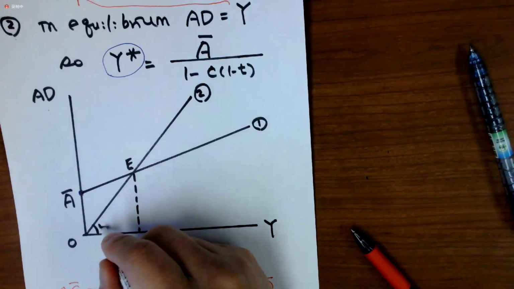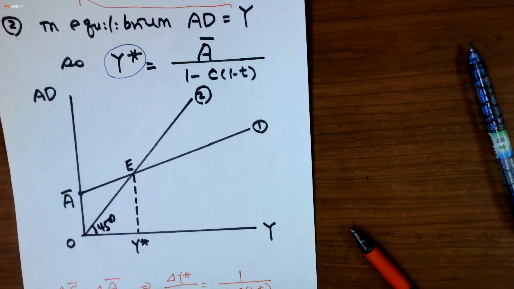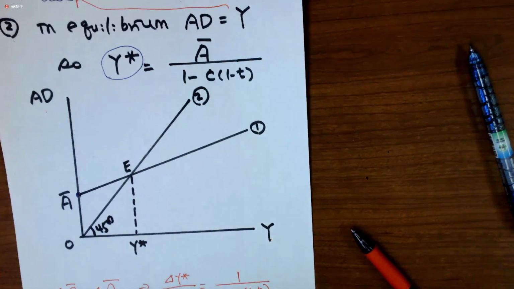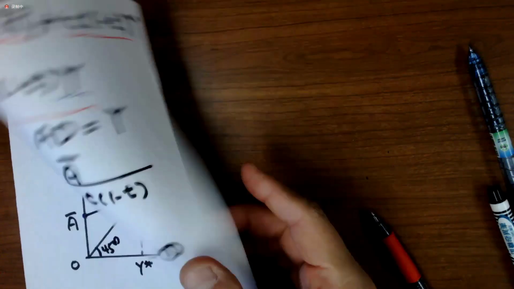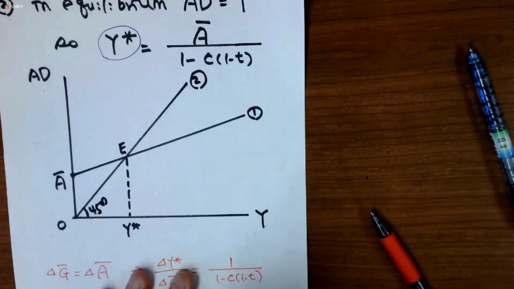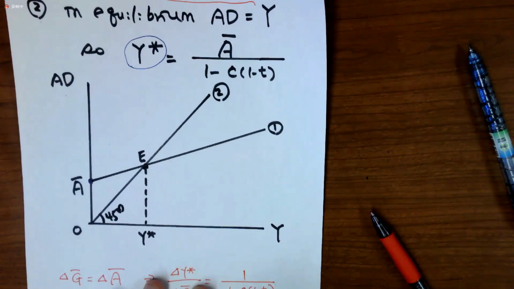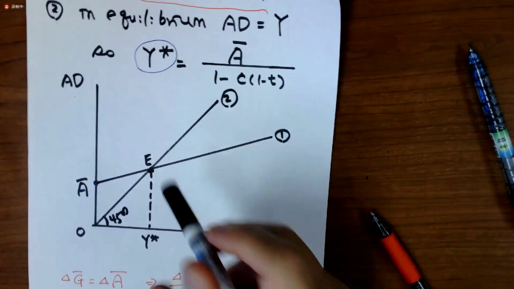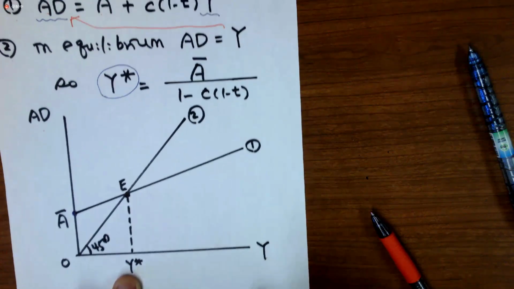In economics, whenever you deal with a diagram with two lines, the next point that we are going to focus on is the intersection. The intersection gives us the equilibrium output, and you can read out the white star here, which is exactly this white star up here.